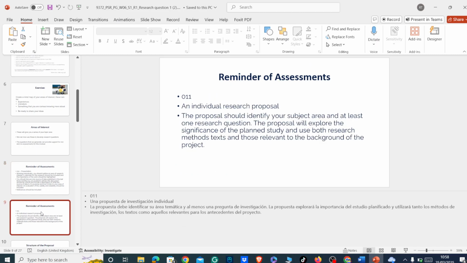All right, so the research proposal should identify your subject area and at least one research question. You need to show why this is an important area to study, and that will be your mini literature review. Within that, you'll need to have at least 3 academic articles, one of which can be the one you've already done.